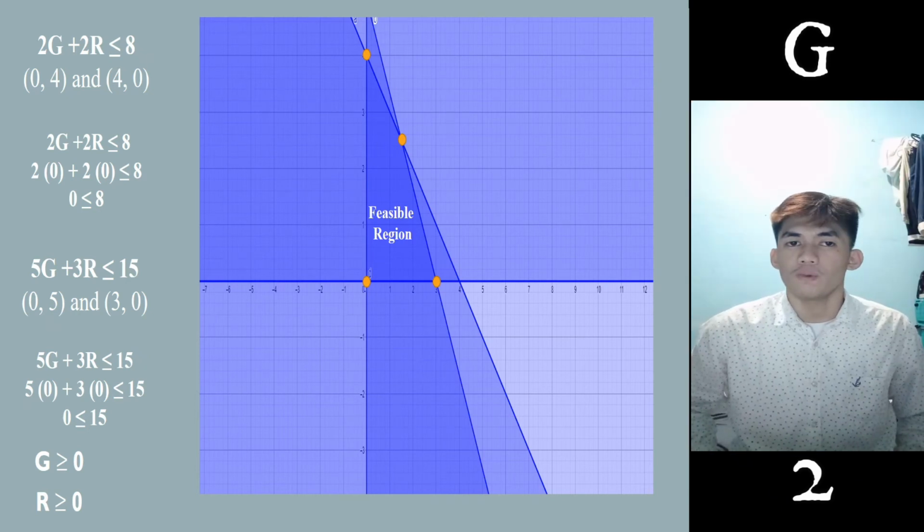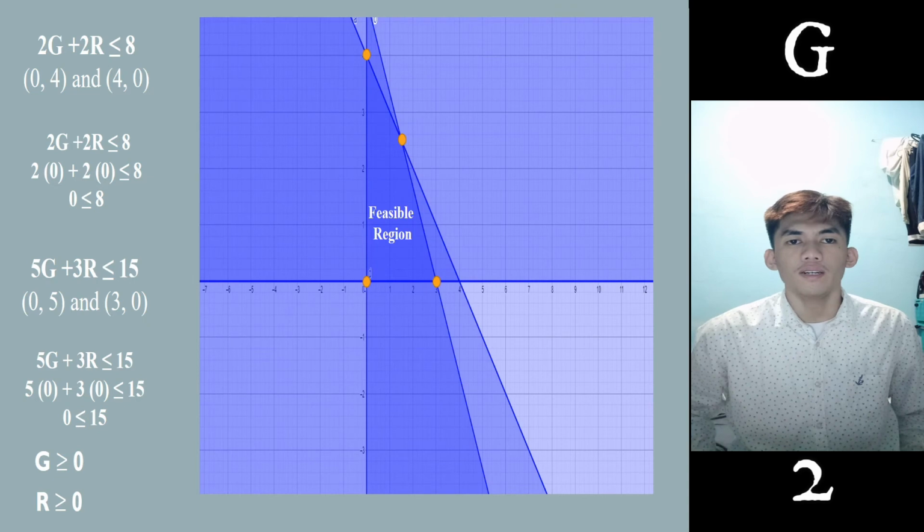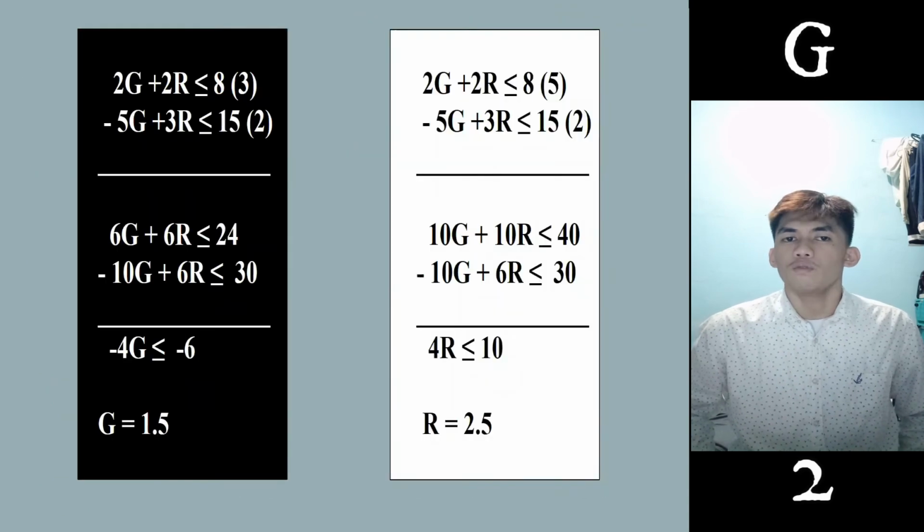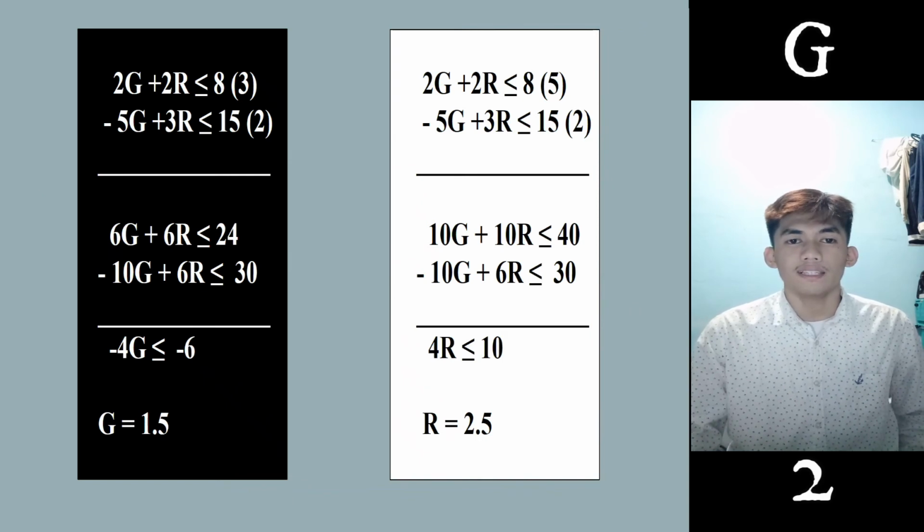I am Joshua Rizon, the 10th reporter, and for this area, we must compute and locate the corner point. So guys, please focus and lend me your eyes and ears. In finding the g and r corner point, we must apply the elimination method.